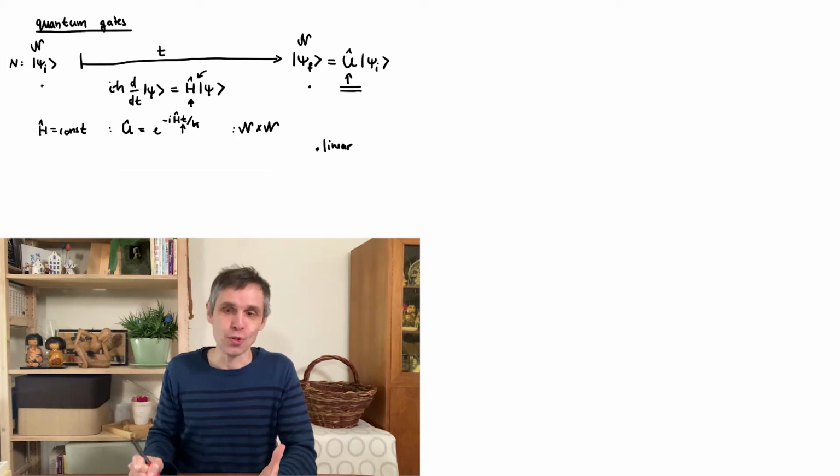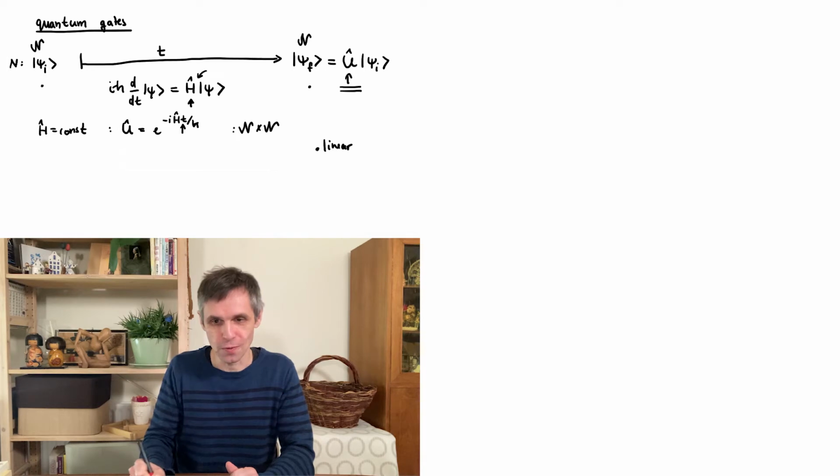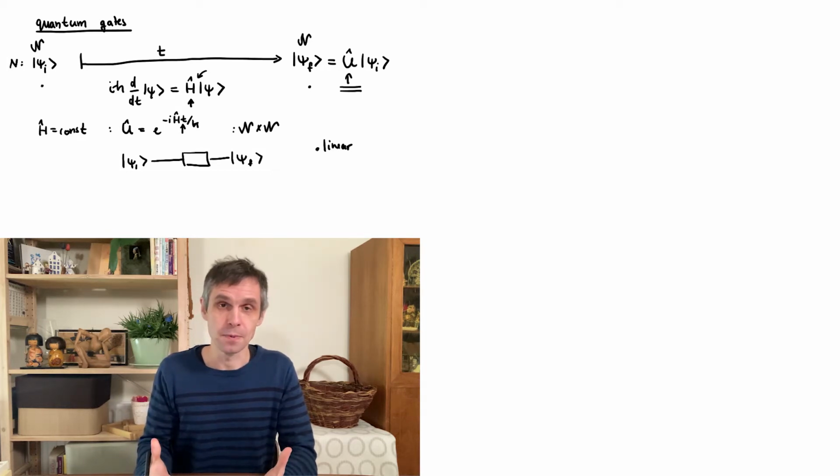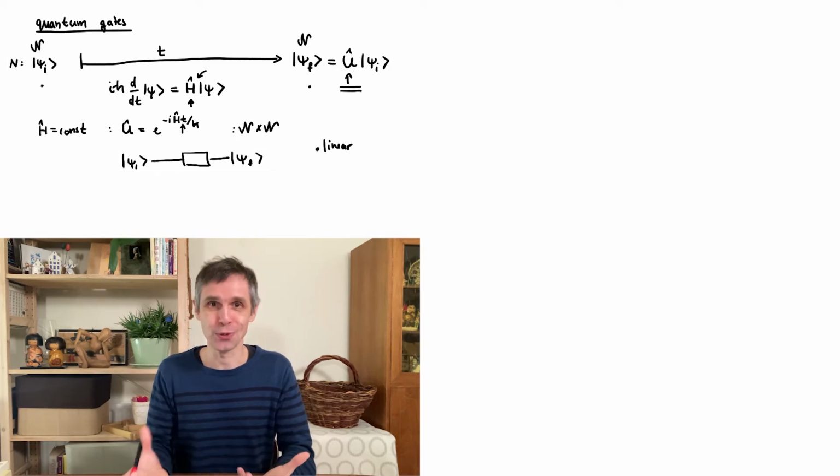We can also use a graphical representation for all of this. So we could say that we have our initial state and we transform it like this. And these are all valid ways to represent this unitary operation. In this course, we are going to make use of all of them.